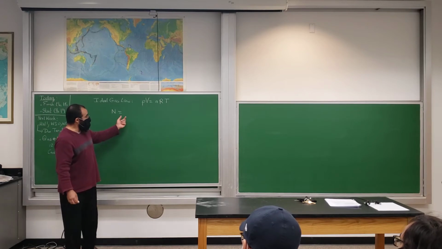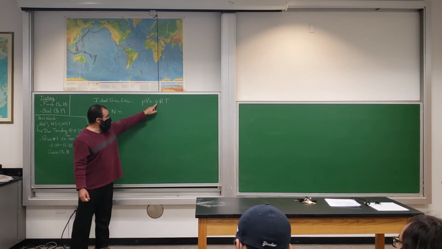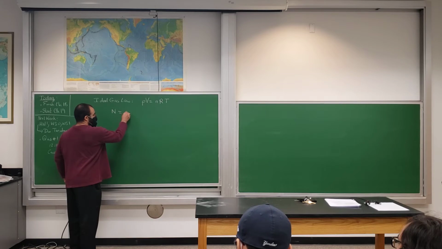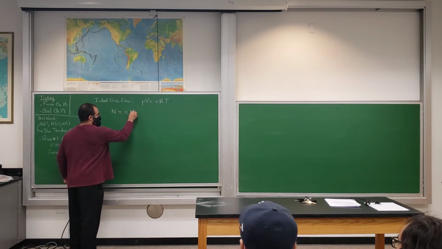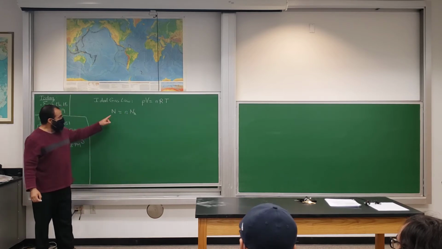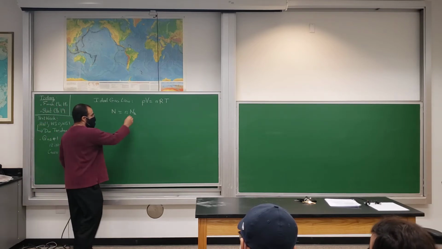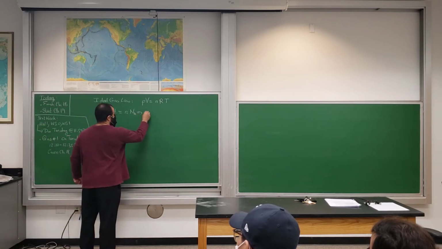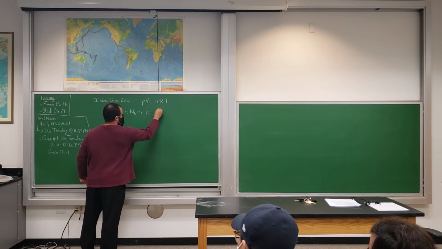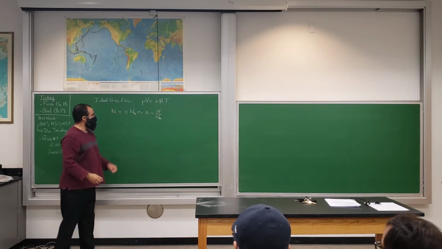So however many moles you have, multiplied by Avogadro's number, will tell you the number of particles. Therefore, this little n will equal capital N divided by Avogadro's number. And let's substitute it here and see what we get.